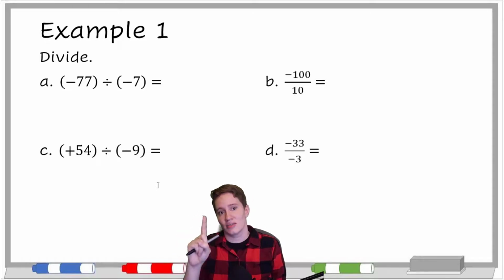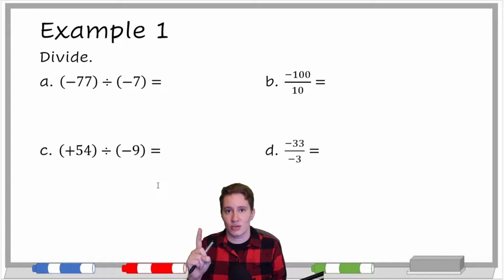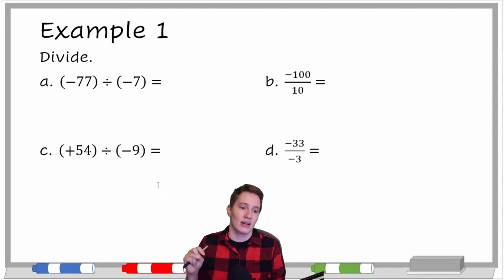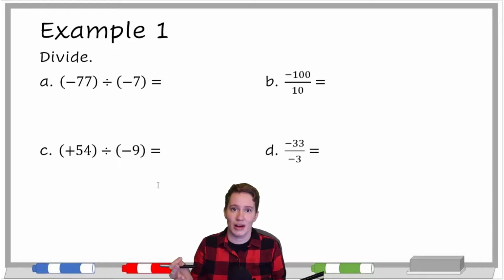If you're getting the division itself wrong, then that means you need to practice your multiplication tables, or just do more math in general, because that's something that you've got to get the hang of, right? That 77 divided by 7 is, and know that answer.